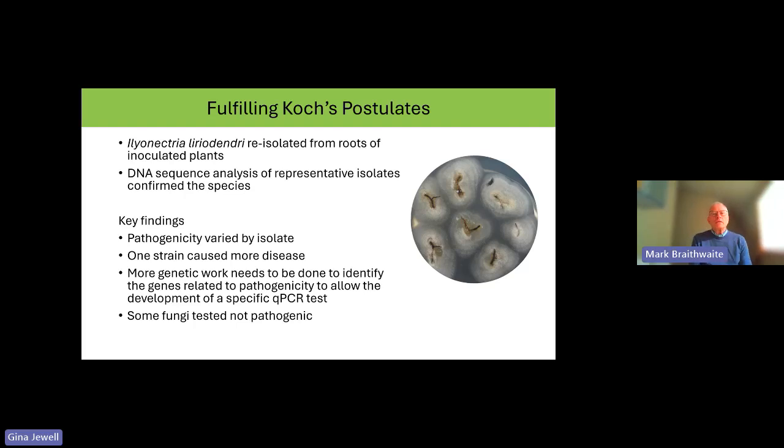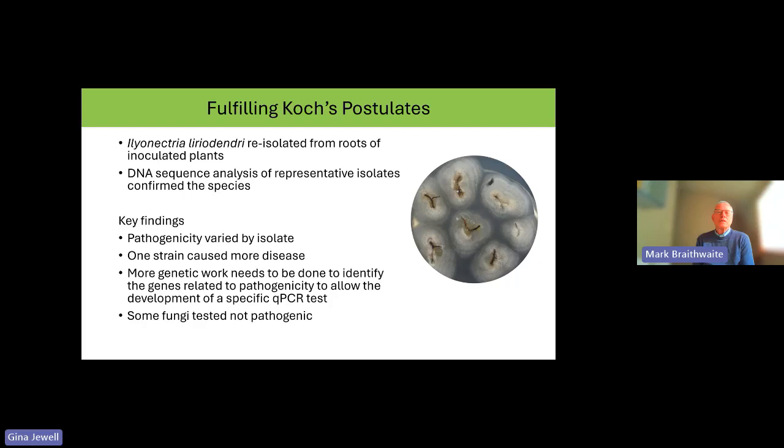The key finding here is that the pathogenicity wasn't consistent across isolates, which was an interesting find, really. One isolate was particularly bad, others caused some disease, but not as much. So it seems to be strain dependent and not necessarily genus dependent.